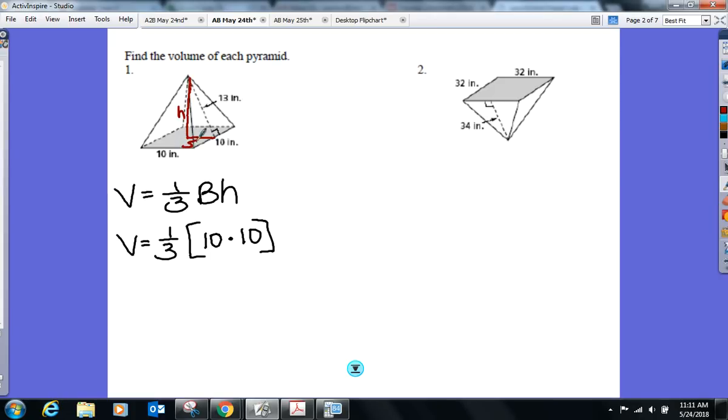And yes, you can do Pythagorean theorem to find the height. 8 squared plus 5 squared equals 13 squared.